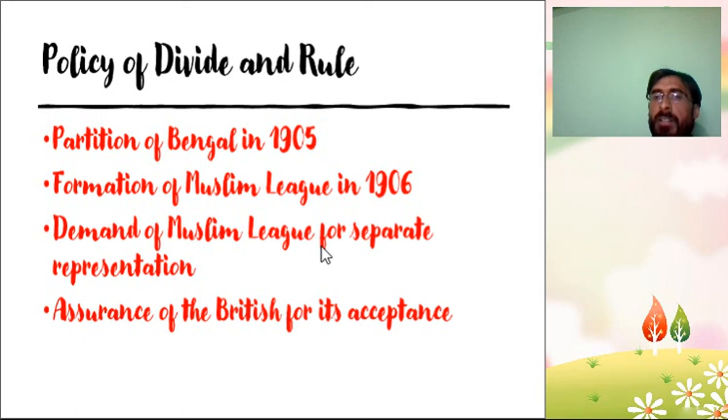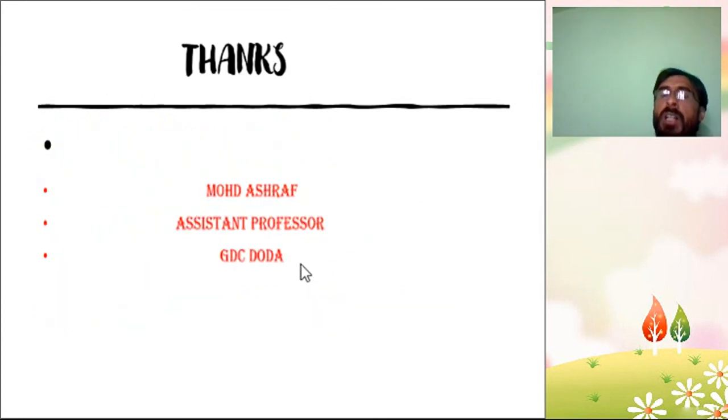Therefore, in 1909, the act was passed and Muslims were given separate representation. The aim of the British was to create division among the Indians on the basis of religion, so that Indian nationalism could get weakened and they would be able to strengthen their rule over India. So these were some of the causes of the Act of 1909.